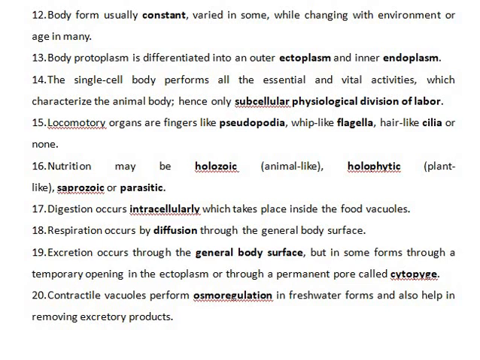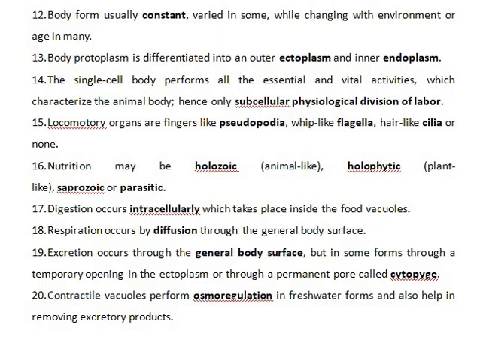Locomotory organs are finger-like pseudopodia, whip-like flagella and hair-like cilia. Nutrition may be holozoic like an animal, holophytic like a plant, or saprozoic, as in parasitic organisms.